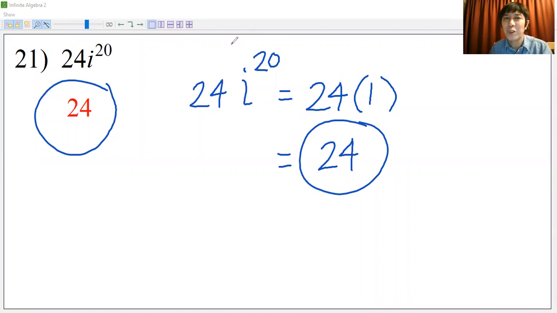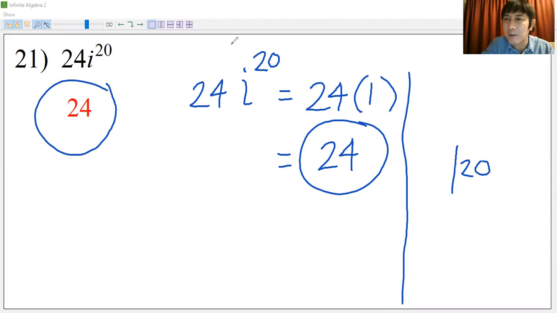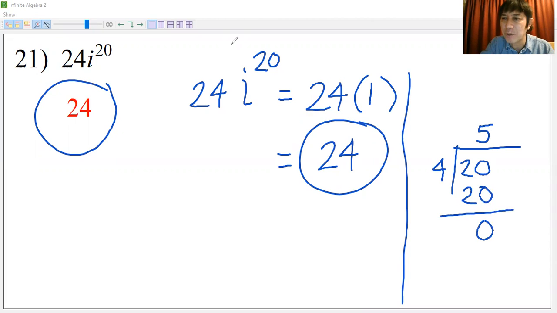How did you get 1 for i to the 20? Of course, you divide exponent 20 by 4. Let's have the solution. If you divide 20 by 4, we get a 5. The quotient 5 is not important. It's the remainder we're after. So this is 5 times 4, we get a 20, a remainder of 0 there.